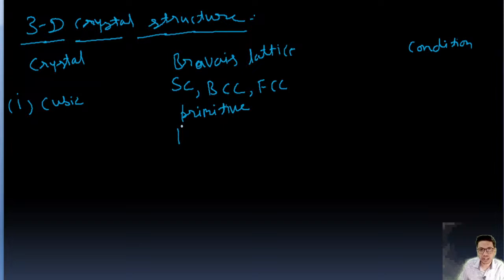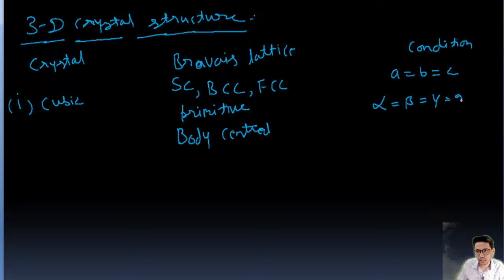The condition for the cubic crystal is that all sides are equal, A equal to B equal to C, and the angles alpha equal to beta equal to gamma equal to 90 degrees. This is the first 3D crystal, the cubic crystal.